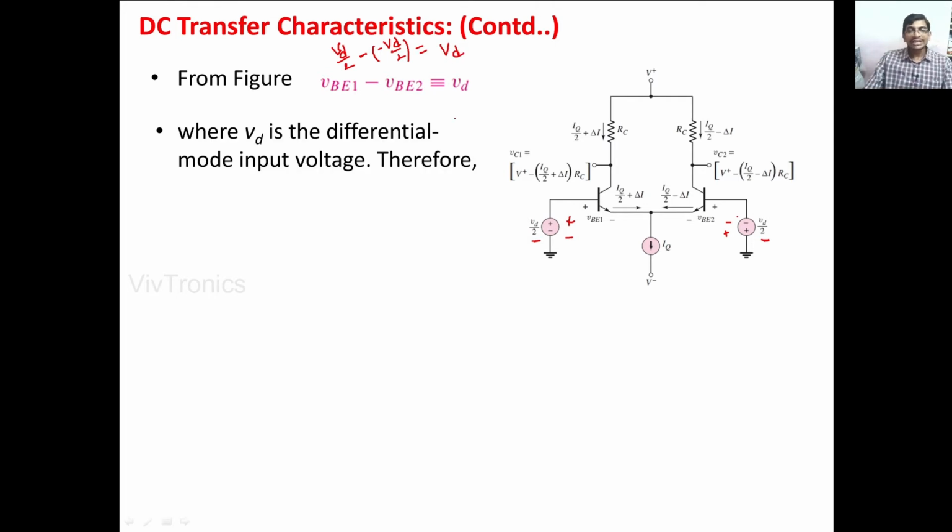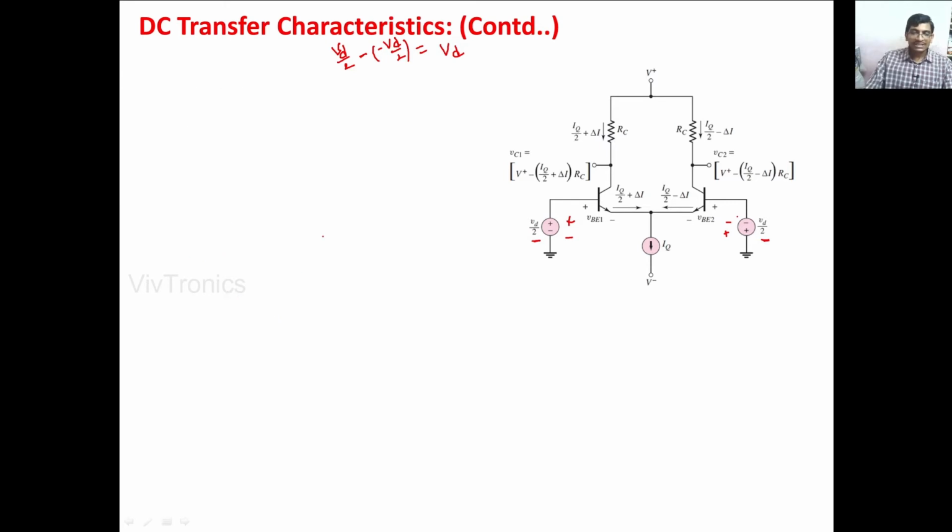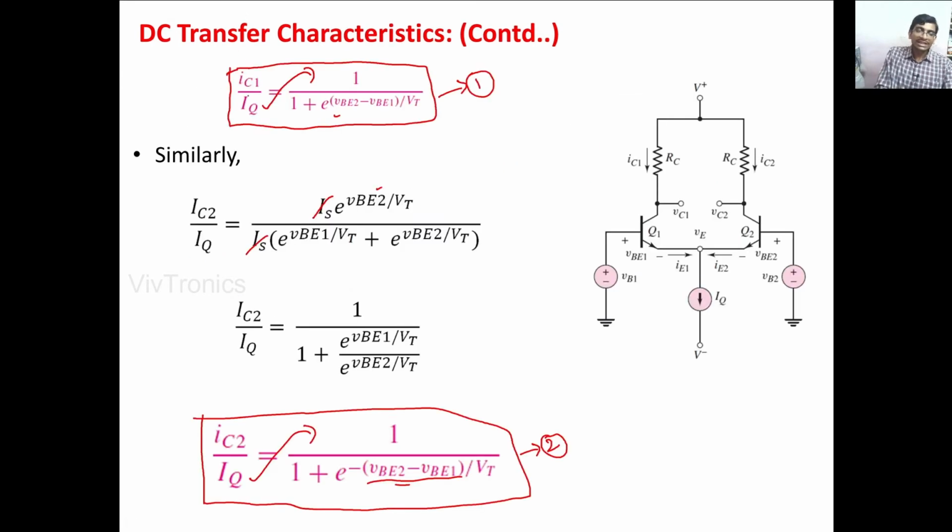Okay, where VD is called the differential mode input voltage. Therefore we can say IC1 current, here IC1 is the collector current of the transistor Q1, will be equal to IQ divided by 1 plus e power minus VD by VT. Okay, so this was expressed from these equations. Here we have IC1 divided by IQ, right? IC1 is equal to IQ by this one.